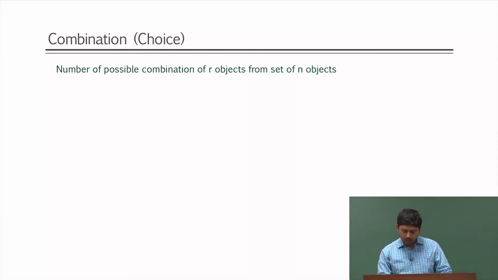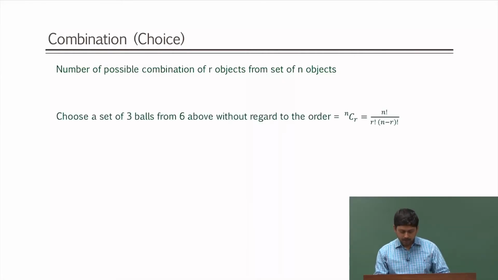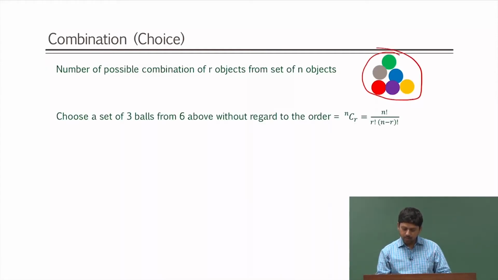So, what is the number of possible combinations of R objects from a set of n objects, or you can say R balls from n balls. A typical example is 6 balls, out of which let us say we choose only 3. So, our R equals 3 and n equals 6.